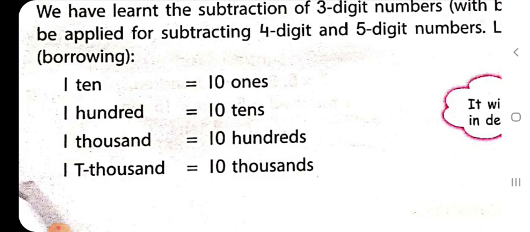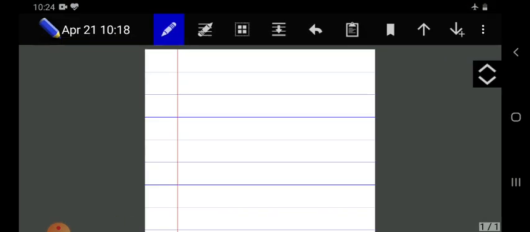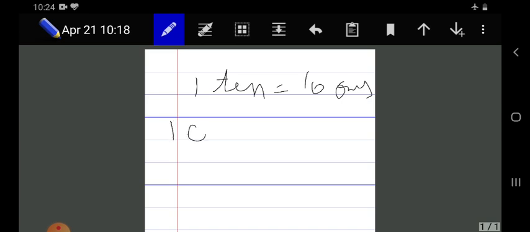I'll explain it to you properly so that you will be able to understand what that actually means. The first one is given: 10 is equal to 10 ones.